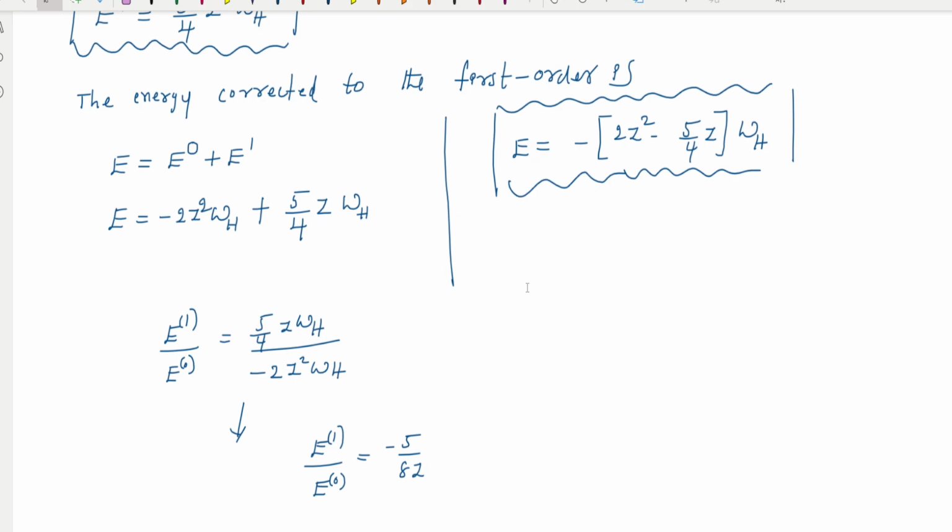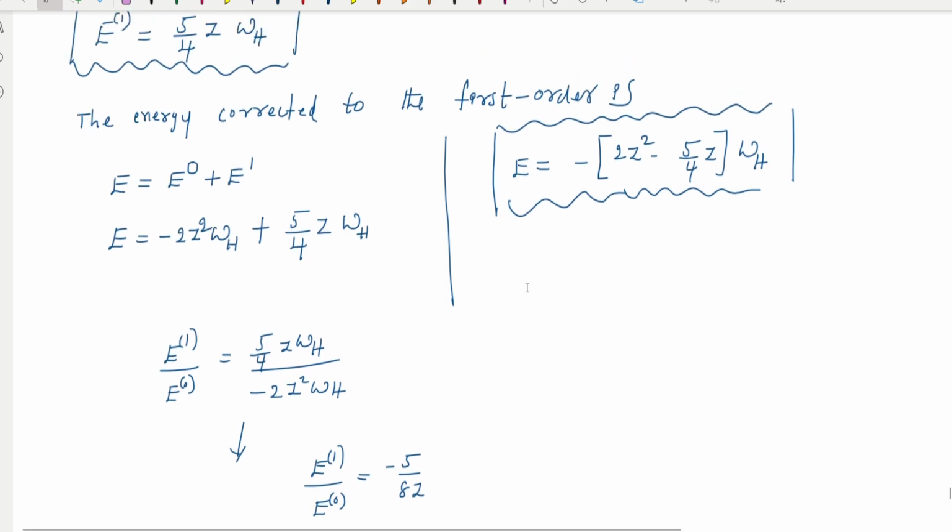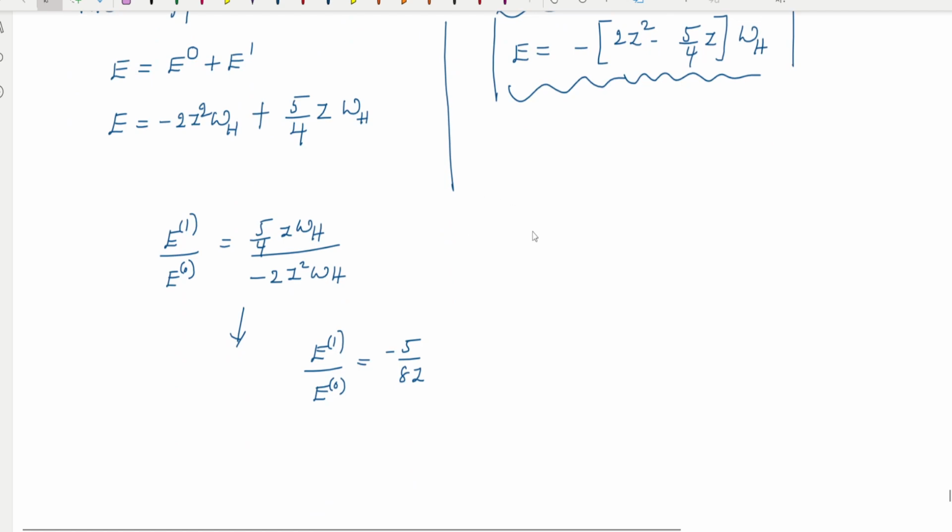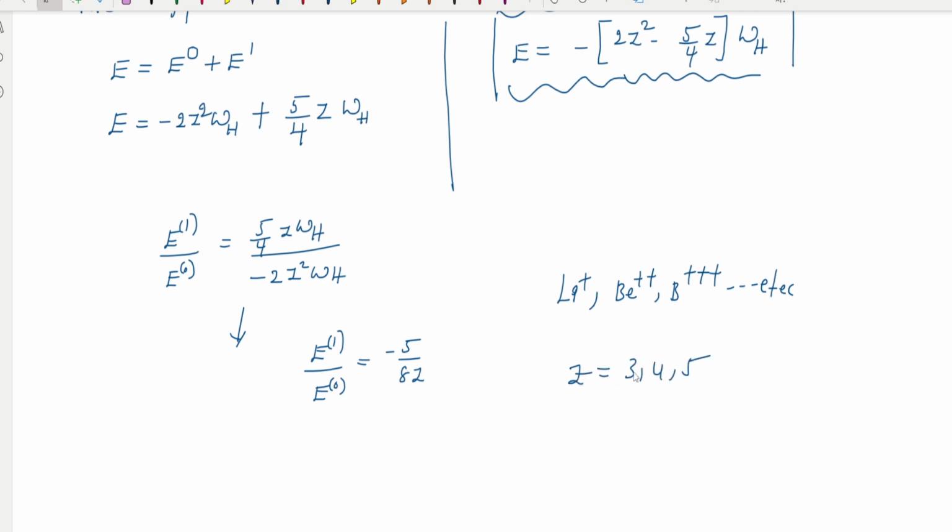The result holds good only for two-electron atom-like systems, for example lithium plus, beryllium plus, boron plus plus and so on, with Z values equal to 3, 4, 5.